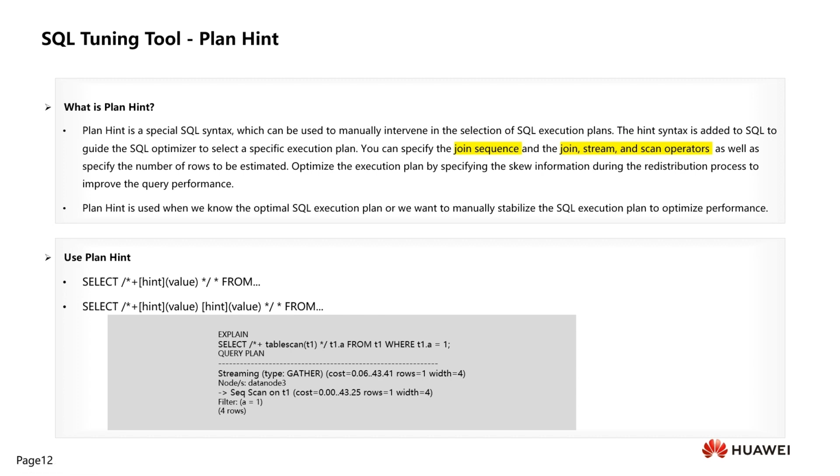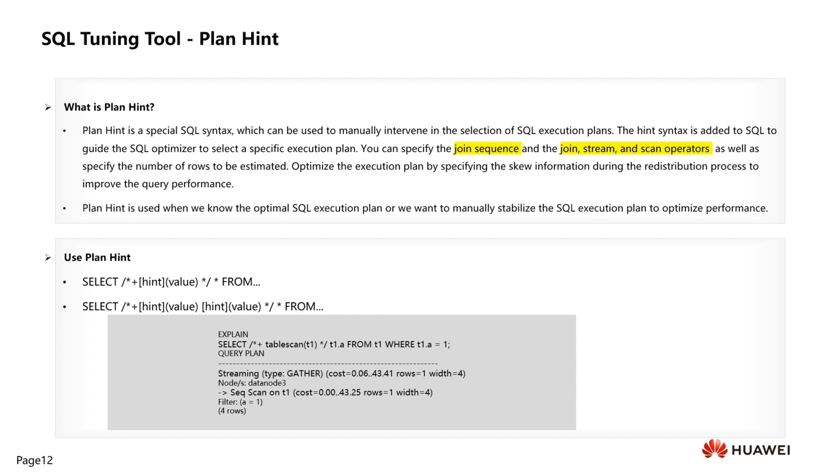Here are some other ways to affect the execution plan. In this slide, we will introduce plan hint. Plan hint is a special SQL syntax which can be used to manually intervene in the selection of SQL execution plans.